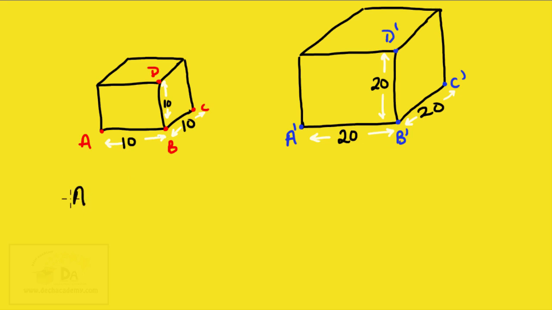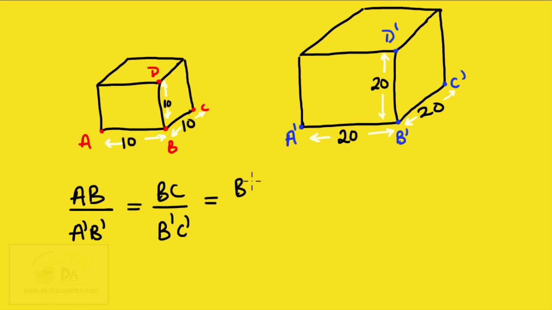So the length of side AB divided by the length of side A prime B prime is going to be equal to the length of side BC divided by the length of side B prime C prime. That's also equal to the length of side BD divided by the length of side B prime D prime.